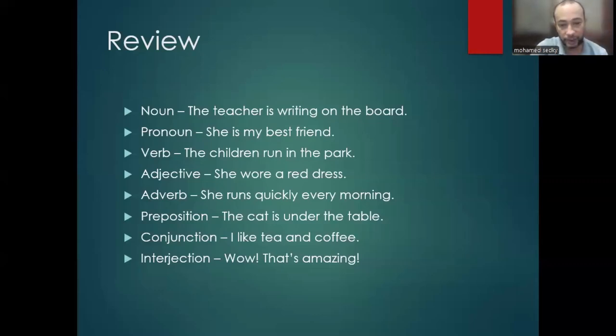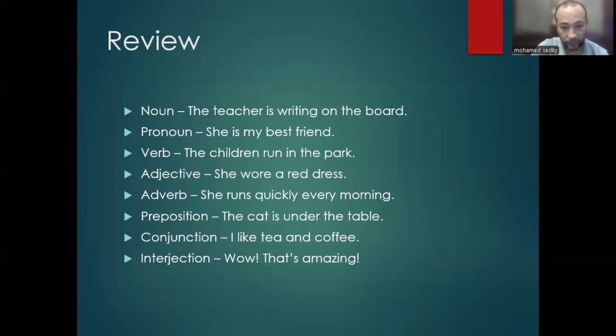The preposition is used to link a noun or pronoun to other words in the sentence, like under the table. That's a prepositional phrase, and the preposition here is under. Now, last but not least, the conjunction, which is used to link words, phrases, or even clauses.